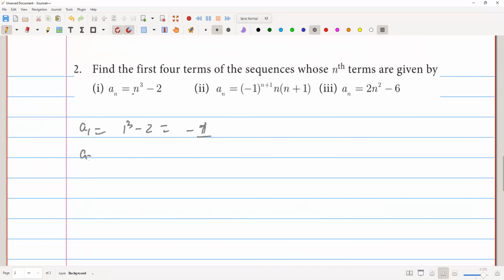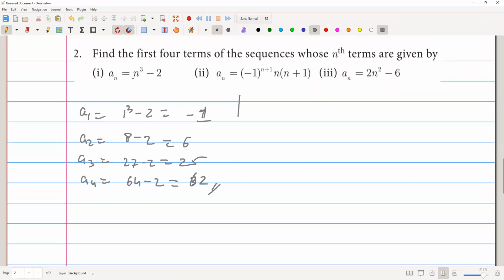A2 would be 2 cube, 8 minus 2, 6. A3 equals 3 cube, 27 minus 2, 25. A4, 4 cube is 64, minus 2, 62.